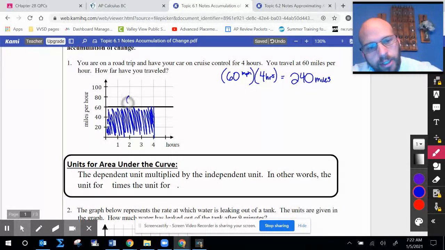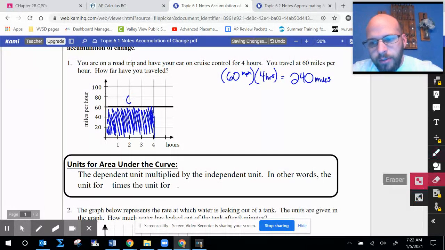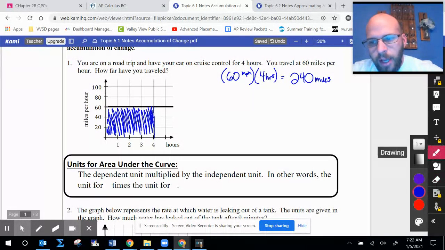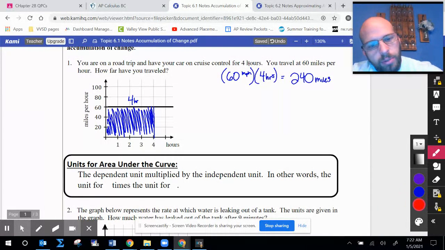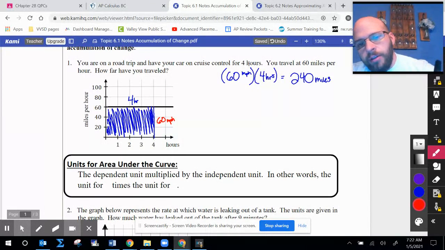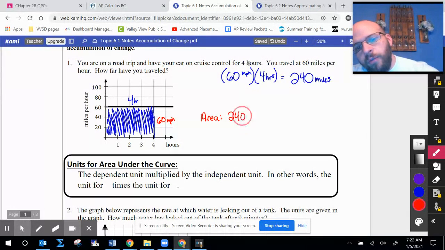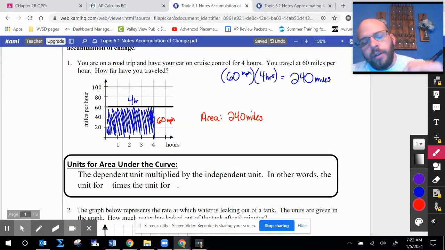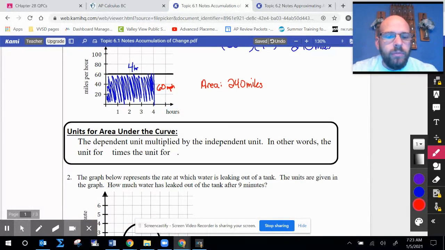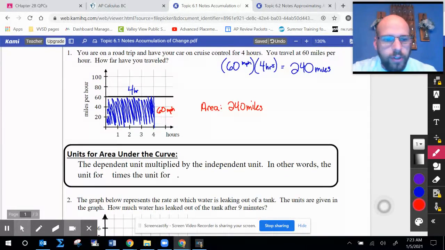The top part of my rectangle is 4 units long, or 4 hours long, and the height of my rectangle is going to be 60 miles per hour the whole time. It's constant. So if you find the area of that rectangle, you also get 240 miles.